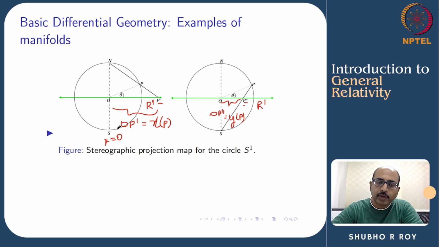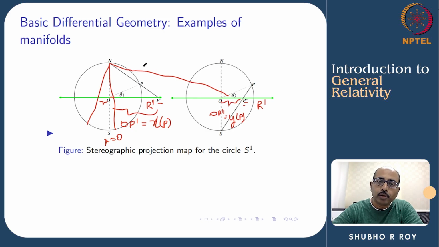Points a little bit to the right of the South Pole, but on the lower half of the circle, will have some intercept which is positive but less than 1. Okay. Similarly, if I draw points to the left, the coordinate is negative, but the magnitude of the coordinate will be less than 1. Now, if I come to the points which are on the upper half of the circle, as I've drawn for the point P, if I further go to points closer to the North Pole, the chord will keep on increasing in length.